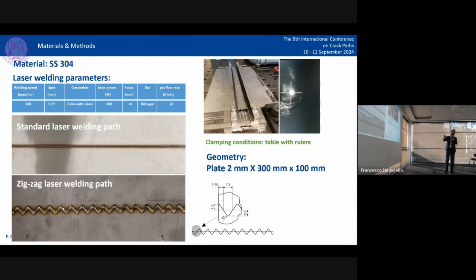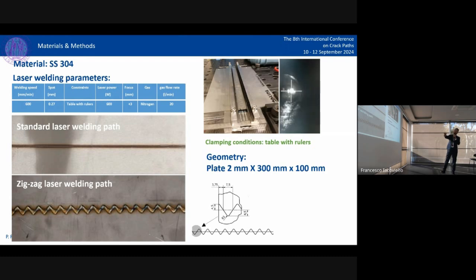They were butt welded by using laser technology, and the parameters of the laser welding are collected in this table, as you can see here, for your convenience if you want to know the specific values that we used.